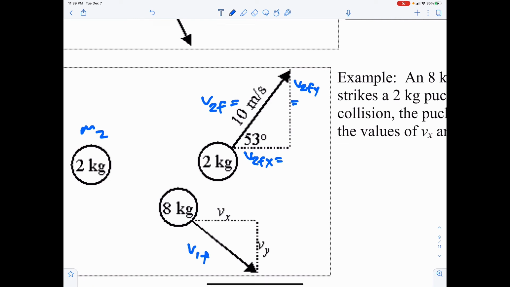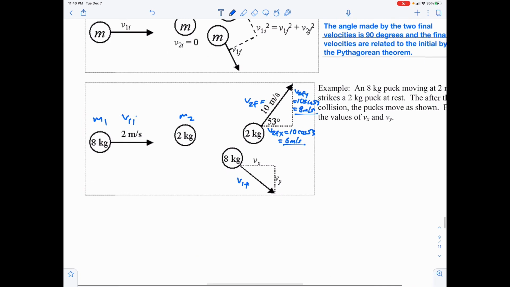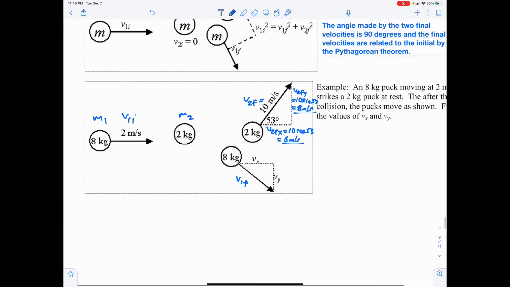So in the Y direction, it would be 10 sine 53, and this one would be 10 cosine 53. Well, 10 cosine 53 is about 6 meters per second that way, and 10 sine 53 is about 8 meters per second that way. So I just wanted to break that down first. And oh, by the way, V2 initial is 0 because it's not moving.